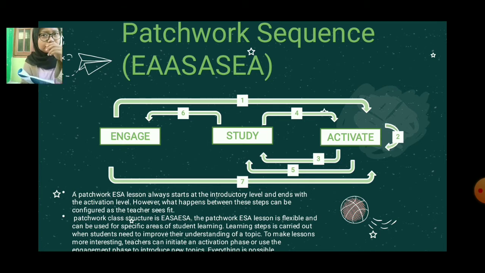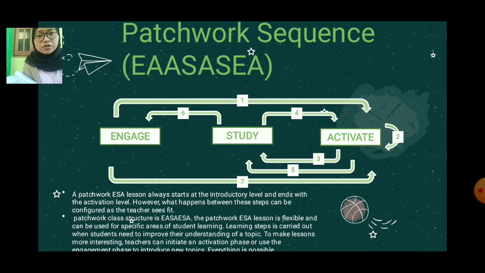Nah, tapi menurut buku ini, ini lebih diperuntukkan untuk anak-anak yang pengkonsumsian vocabulary-nya udah banyak, atau bisa dikatakan kelas yang udah tinggi atau higher level, bisa pakai metode yang ini. Learning step is carried out when students need to improve their understanding of a topic.